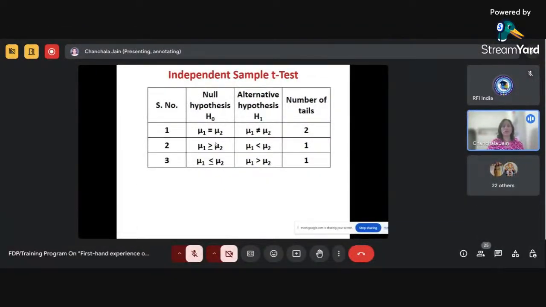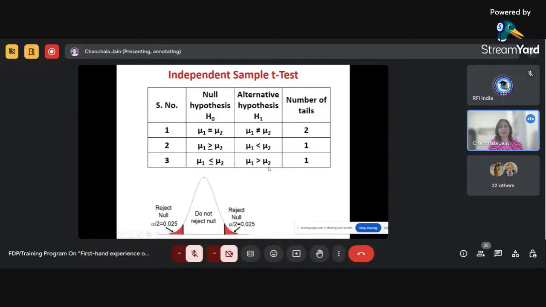When I say not equal to, the possibility is that it can be either greater than or less than, so both directions are possible here. So we call this a two-tailed test. But when we clearly mention whether the first population mean is less than or greater than, this is the case of a one-tailed test.